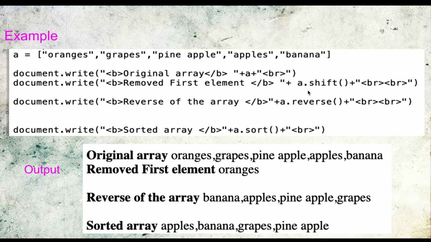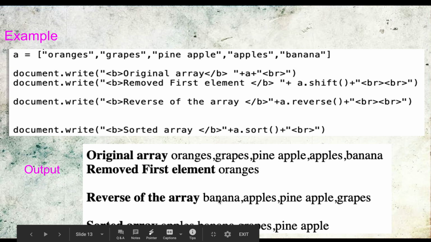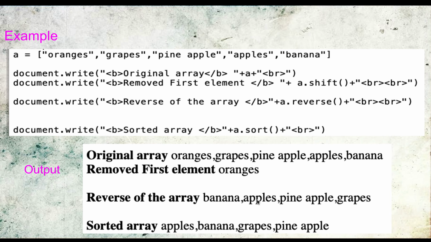That is, it removes the first element from the array, which is oranges. As you can see in the output, it displays oranges. And reverse of the array will reverse this array, that is banana apples. It displays the output as banana apples; from the end of the array it will be reversed. Okay.